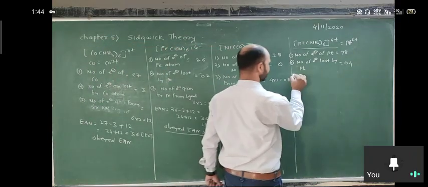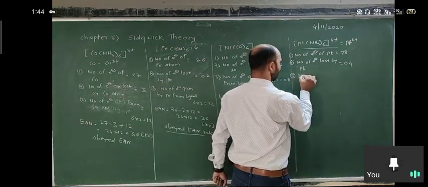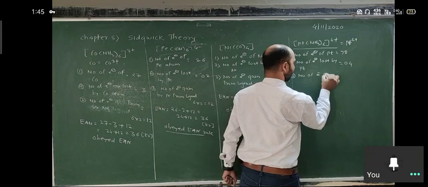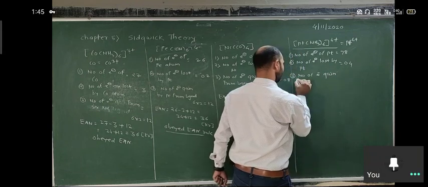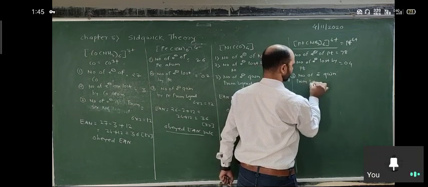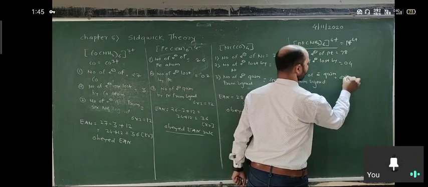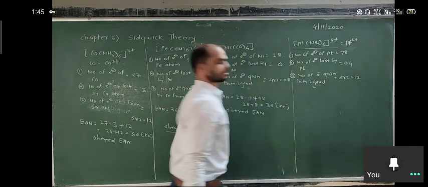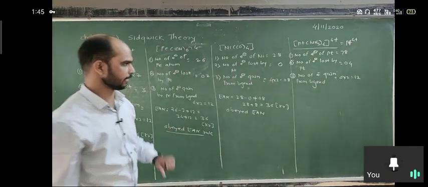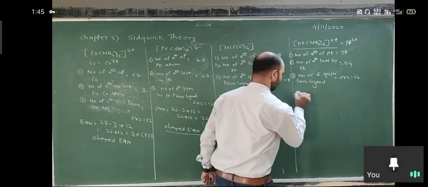Third point is number of electrons gained from ligands. How many ligands? 6 into 2 is equal to 12. So how to calculate EAN?